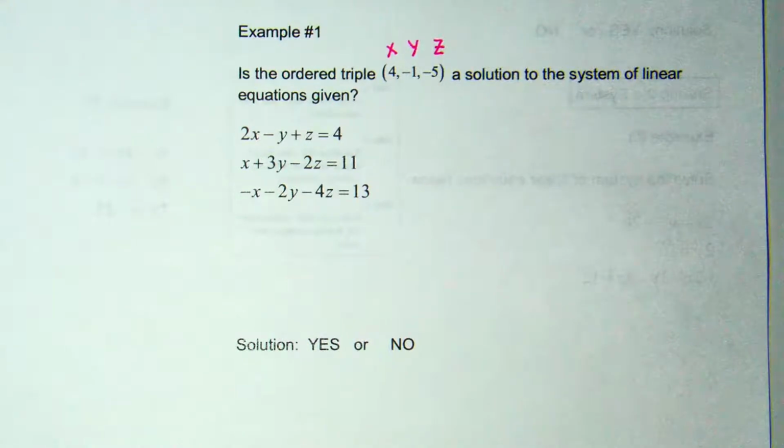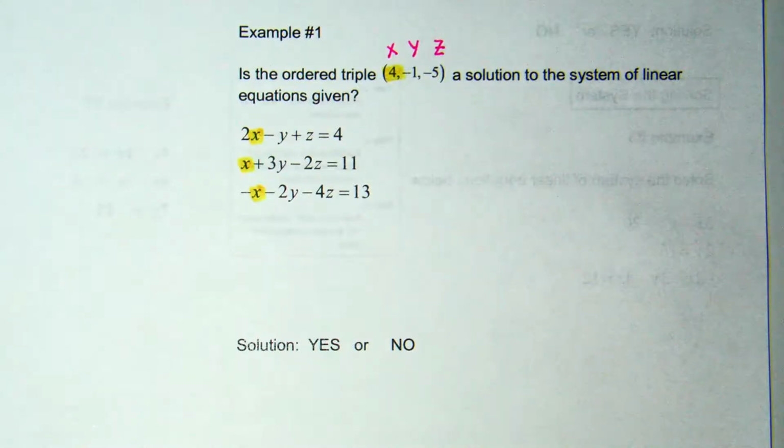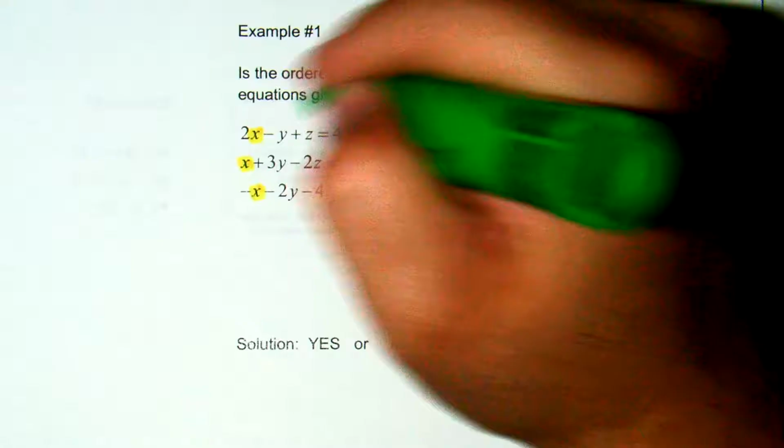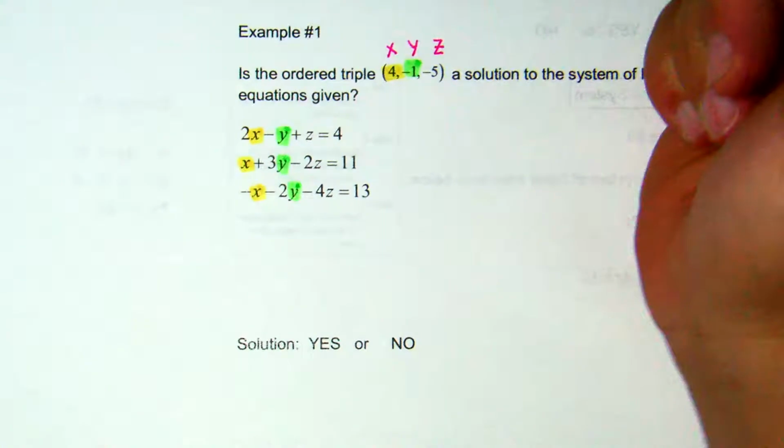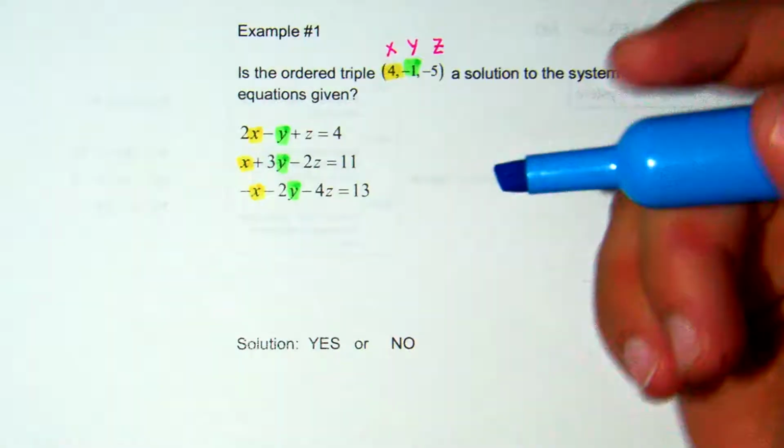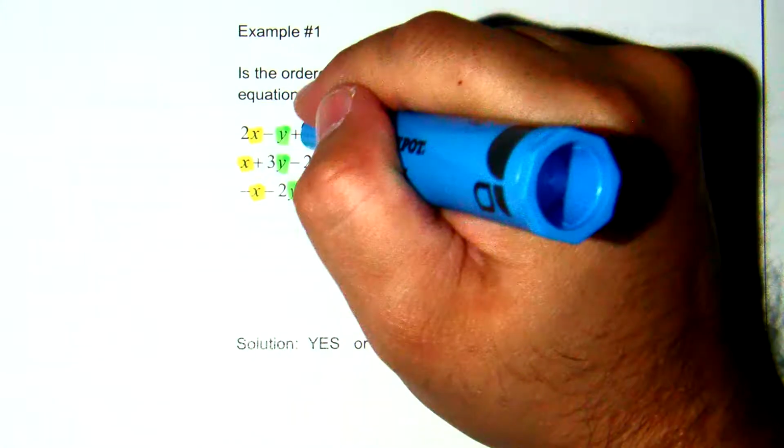We're going to take this x value and replace each x with that value. We're also going to take the y value and substitute that for each y value here. There could be sign changes, I may have to multiply, and then we'll combine and add or subtract the numbers. And lastly, we have z.